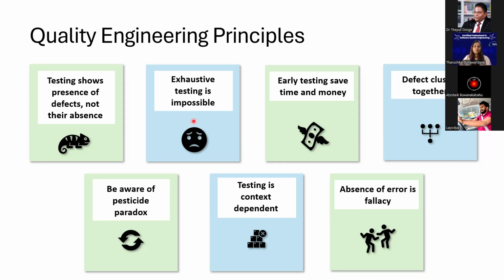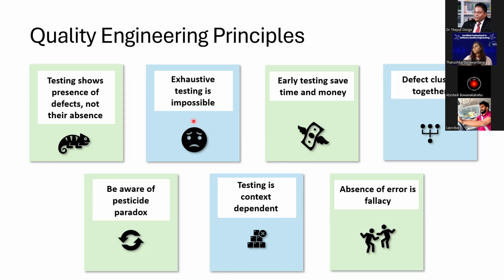Are you supposed to enter each and every value for each and every input field and test? Can't, right? Because we don't have time, we don't have enough budget for that. So that's why exhaustive testing is impossible. But we need to do proper testing, right? So we need to follow different types of test designing techniques, which you have to learn.